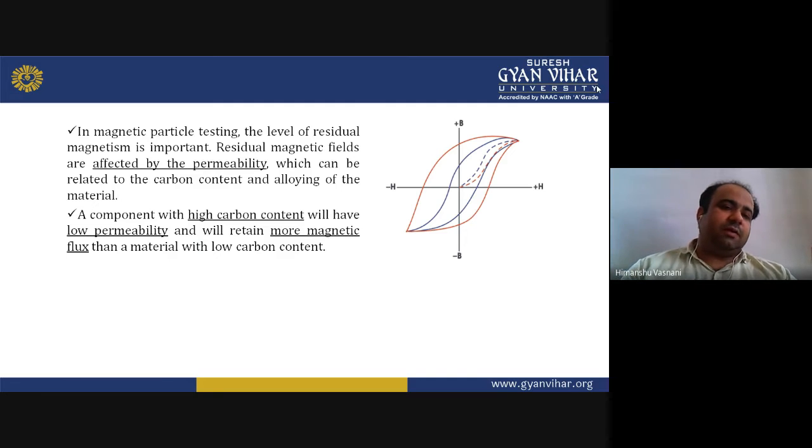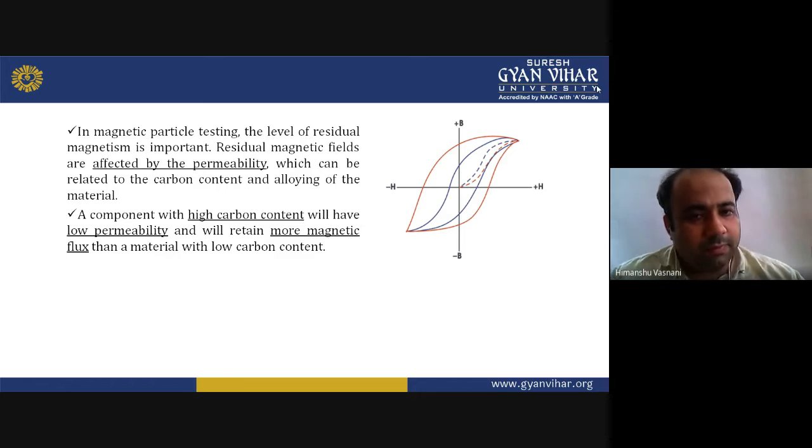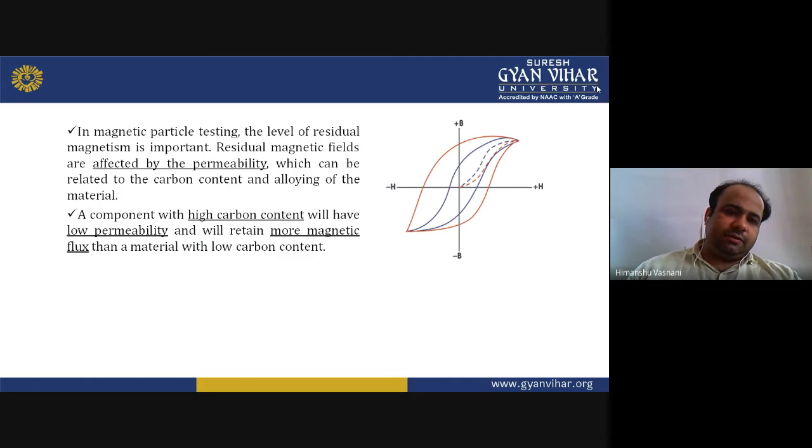In this way, you can relate permeability with carbon content. High carbon content means low permeability, and obviously the vice versa is also true.